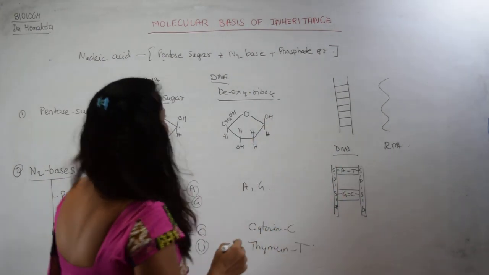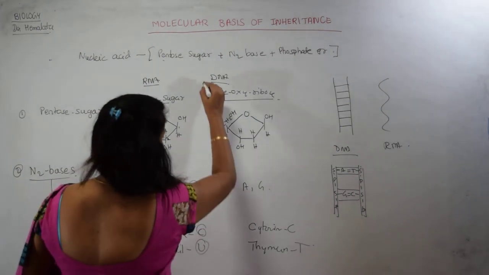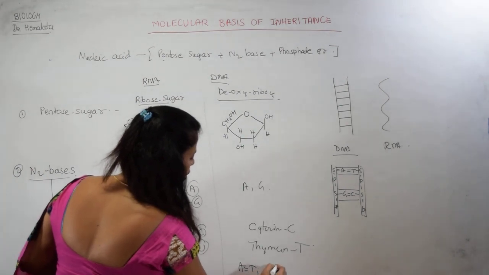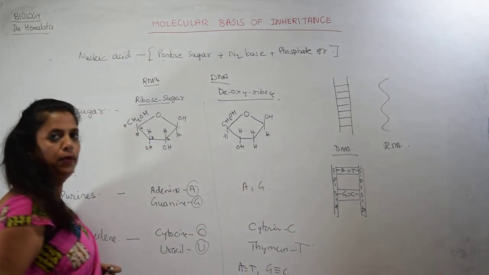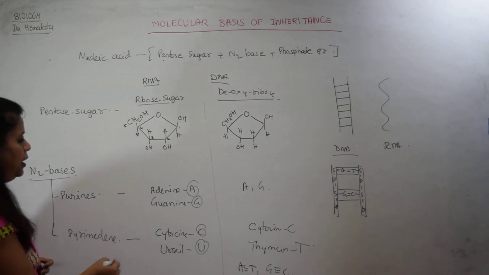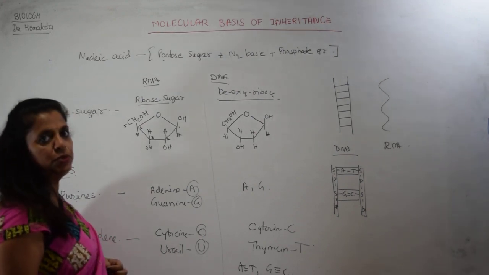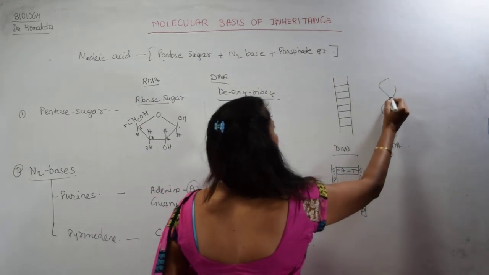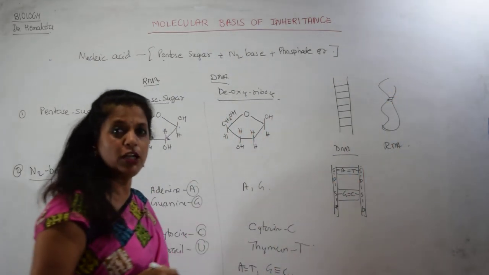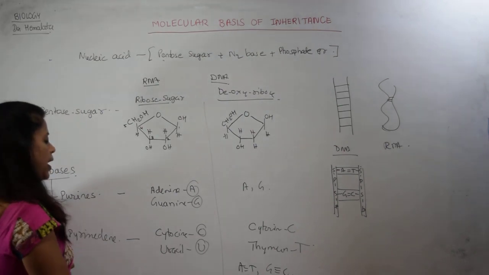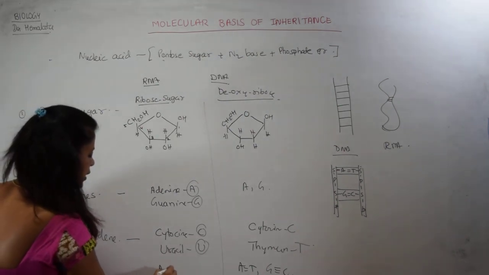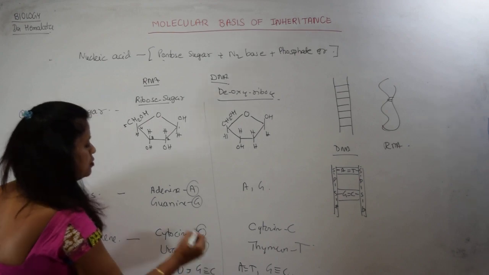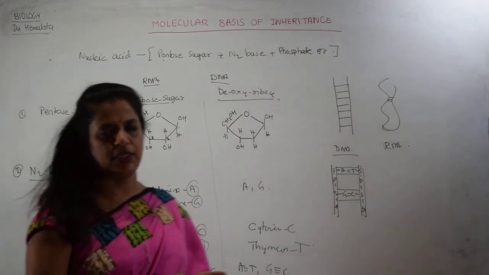In DNA you get an A to T double bond and a G to C triple bond. But RNA is normally single stranded, so base pairing will not happen. But suppose this RNA turns like this and pairs here. That's called a false pairing. If it happens, it pairs adenine with uracil and guanine with cytosine. That is the difference, right?